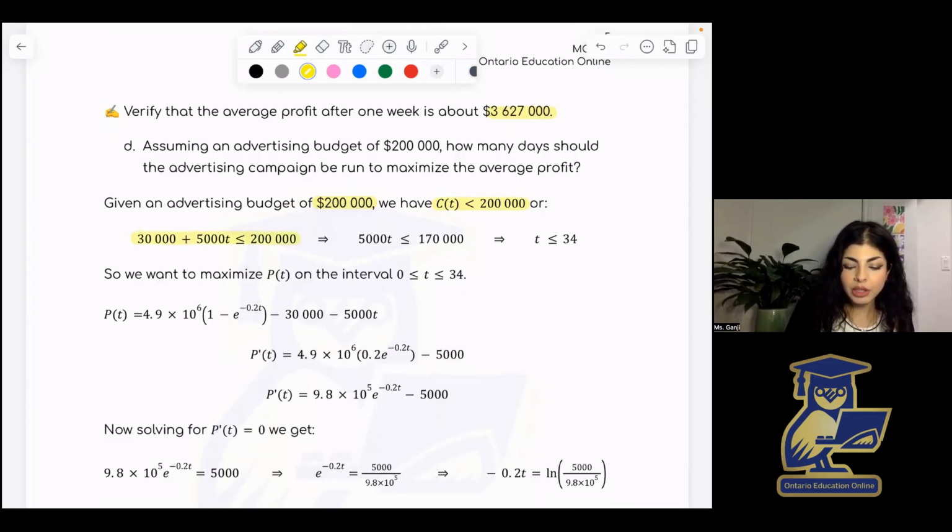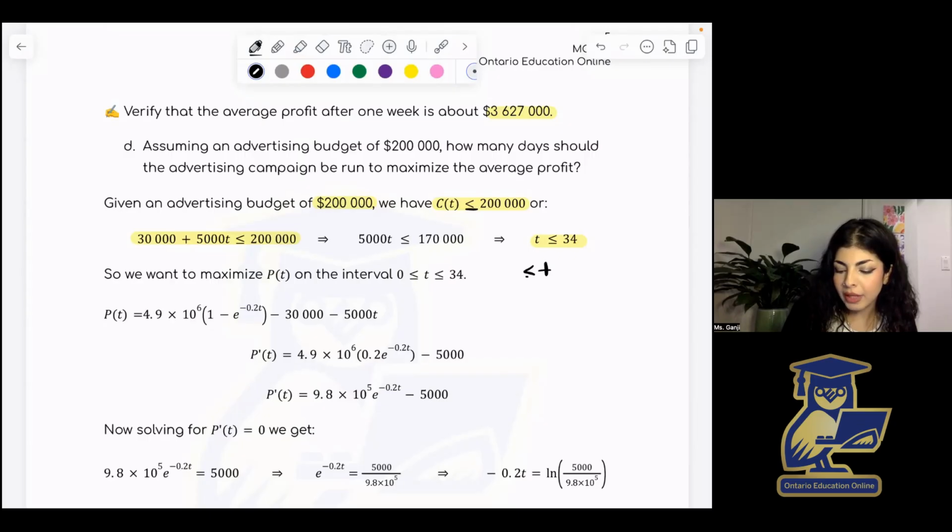Inputting this into our function, we have $30,000 plus 5,000 T is less than or equal to $200,000. Rearranging, we get that T is less than or equal to 34. So our advertisement has to run 34 days or fewer.